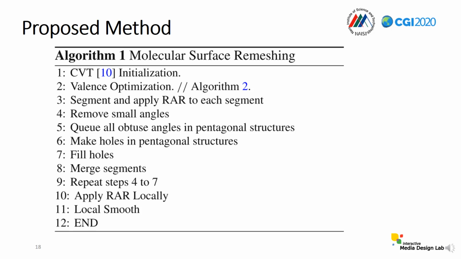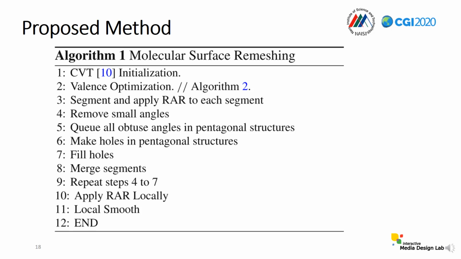We view all the obtuse triangles in a pentagonal structure, and then we remove the inside edges to make holes, and then we fill these holes carefully such that the obtuse triangles can be removed. After applying these steps, we merge the segments. Steps 4 to 7 are repeated.